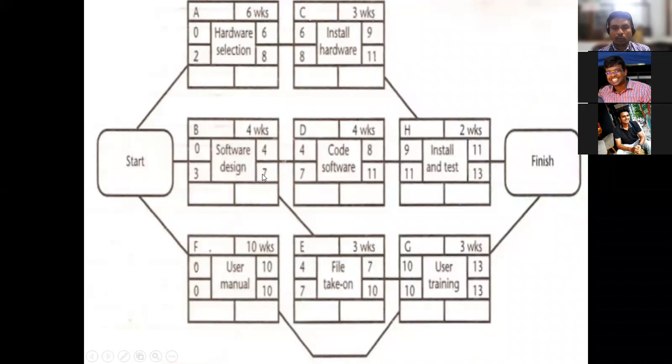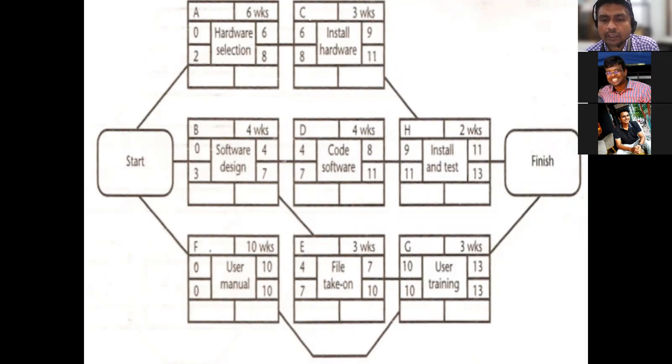And similarly for the next one, 7 will be coming over here. So 7 minus 4 is going to be 3. So that's all; now we have got all these values. Now we need to identify the slack values. Slack is basically the cushion value that we are getting, so that is what we need to check.